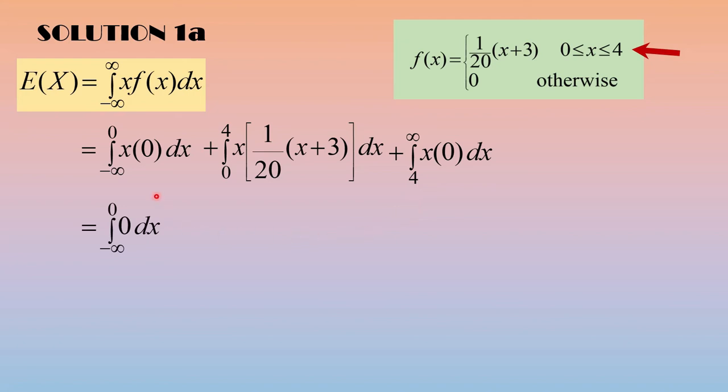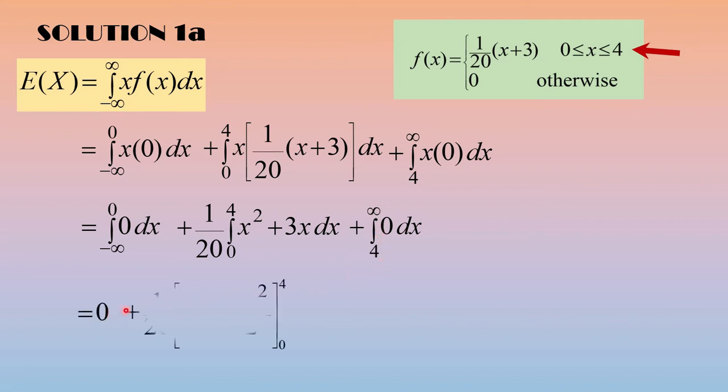Therefore, from negative infinity to 0 the function is 0, plus we bring 1 over 20 out, and we only integrate the function x squared plus 3x from 0 to 4 dx, plus from 4 to infinity, the function is 0.